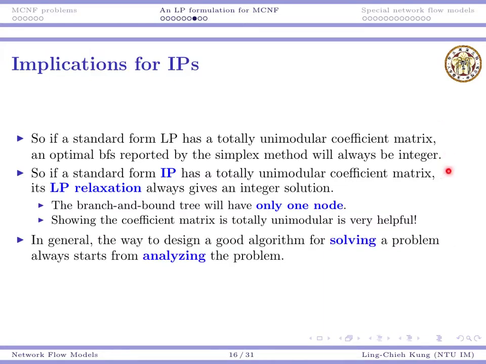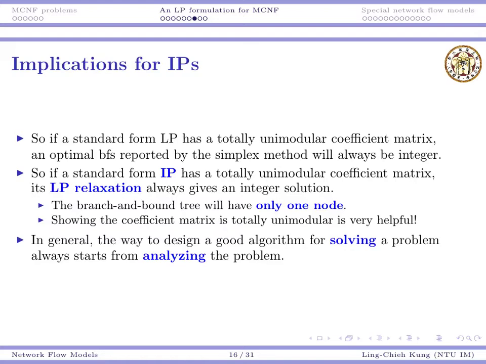So this provides us a very good example about the general way for doing OR studies or doing any kinds of research. The way to design a good method for solving a problem always starts from analyzing that problem. Once we know the coefficient matrix has this special property, then we may use a special method to solve it.